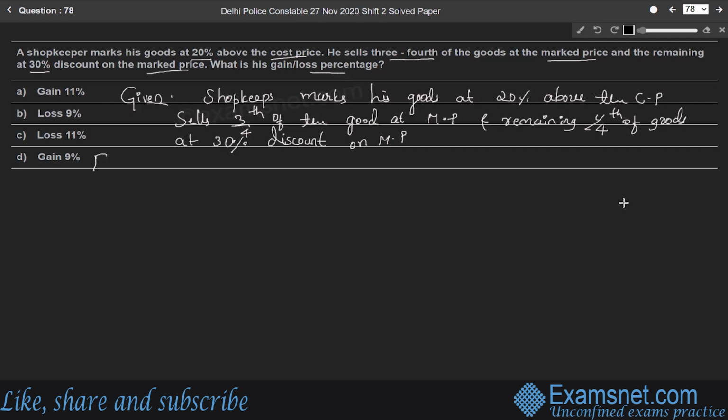Here we are using the formula to find the selling price. SP is equal to market price into 1 minus discount by 100, where MP is market price, SP is selling price, D means discount. So come to the calculation part.